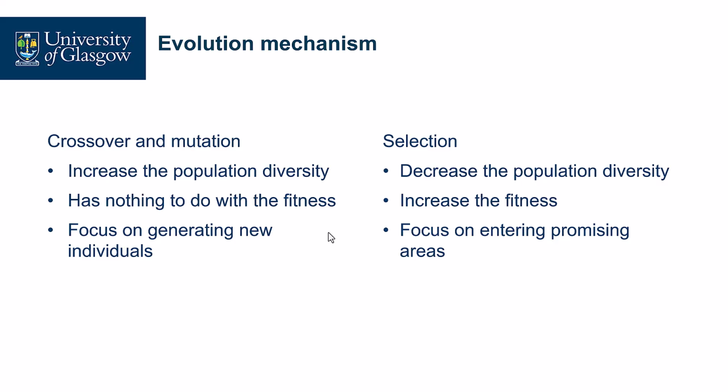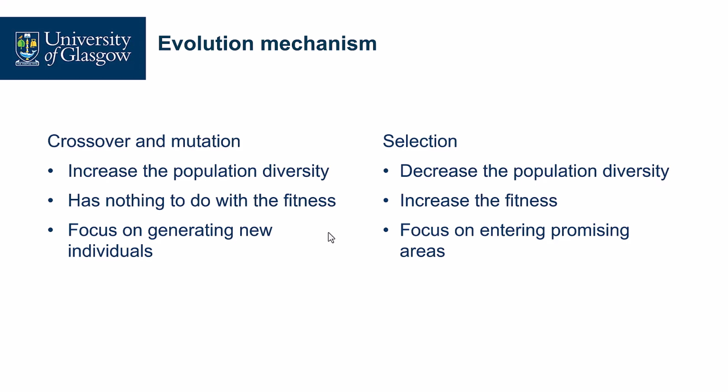They have nothing to do with fitness. Their goal is to generate new individuals. Selection is quite different. Selection decreases the population diversity, and the fitness increases. With selection, we focus on making the population enter the promising areas.